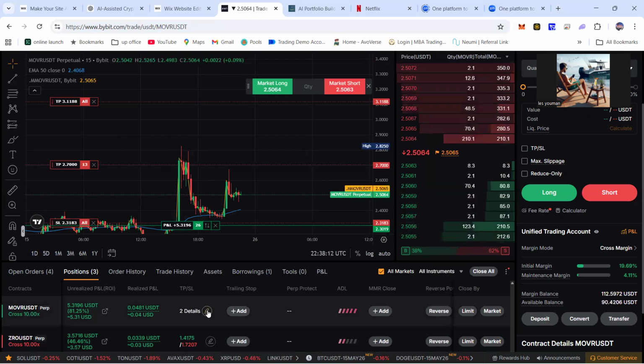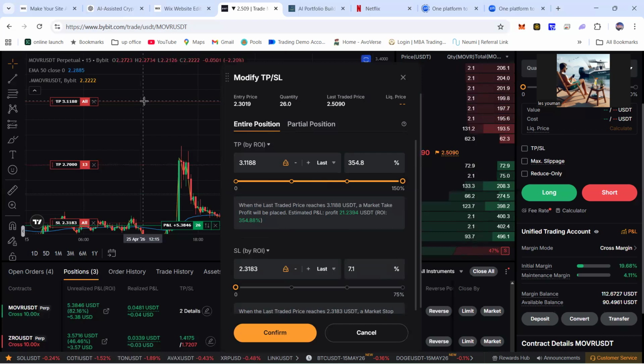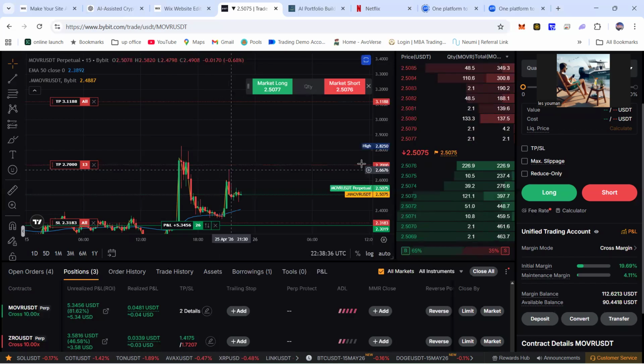So if we click on edit again now, we'll see we have an entire position close set up right up here. And then under partial, we have a partial close position set up here. And then we have the stop loss down there.